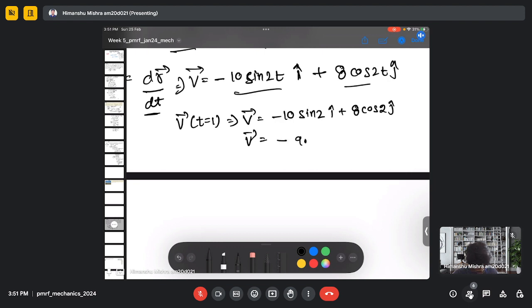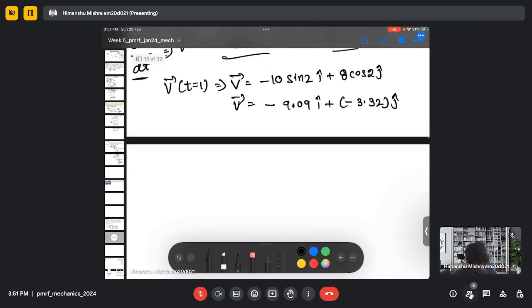minus 9.09 i cap plus minus 3.33 j cap. So this will be my velocity vector at time t equals 1 second.